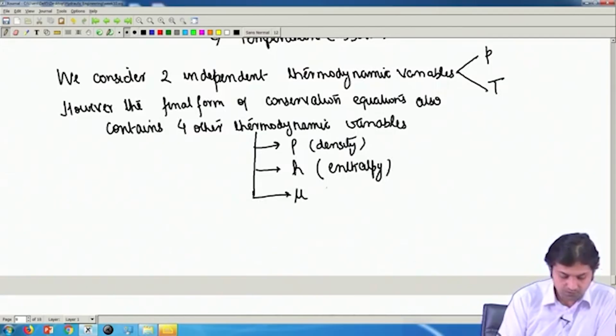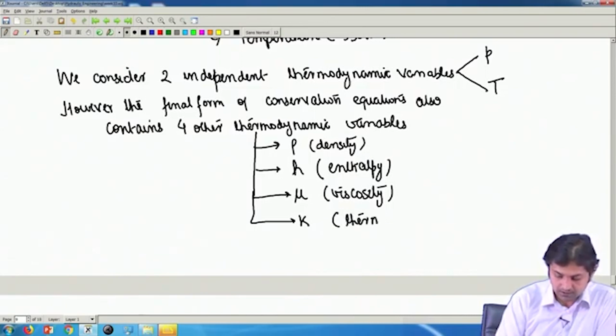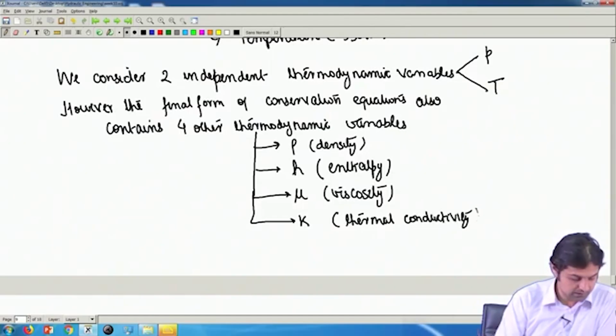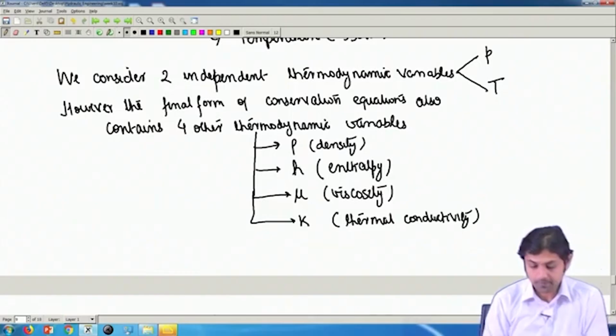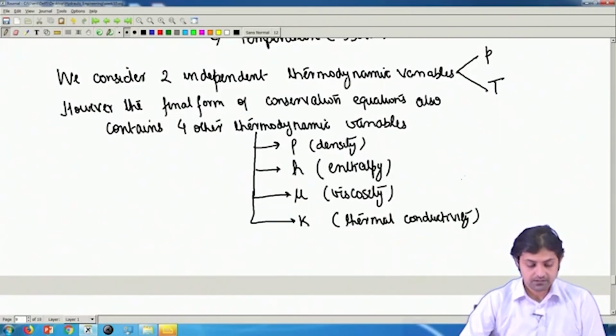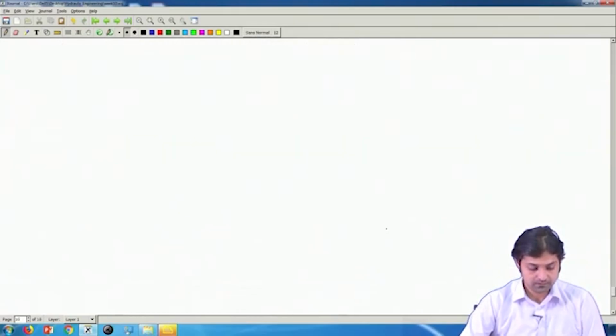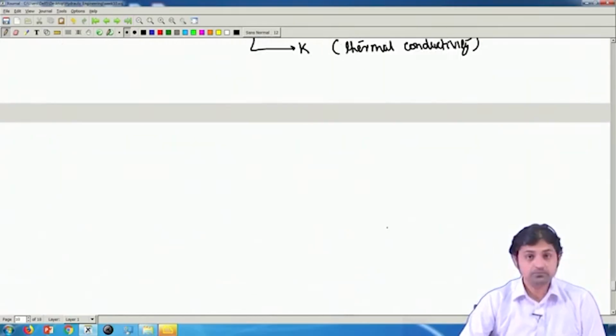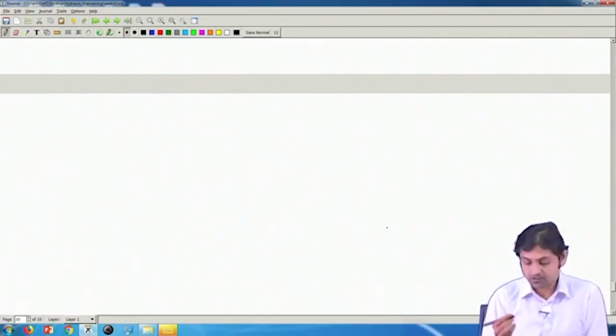There is mu, viscosity, and K, thermal conductivity. All right. So, we go to the next page.